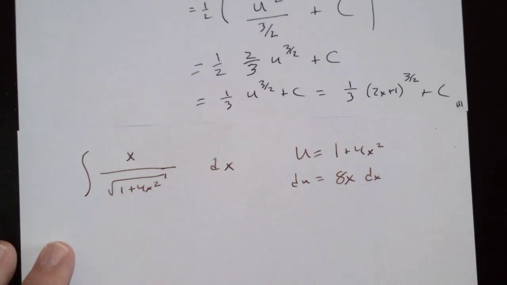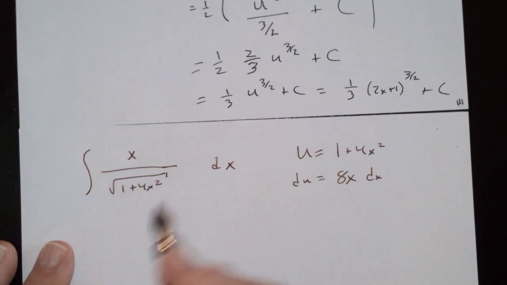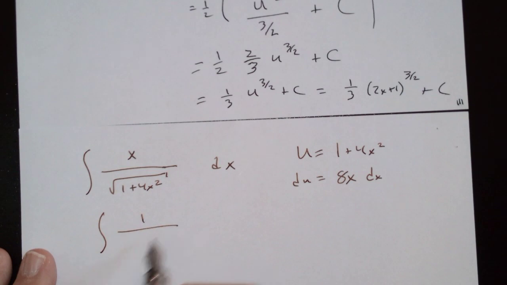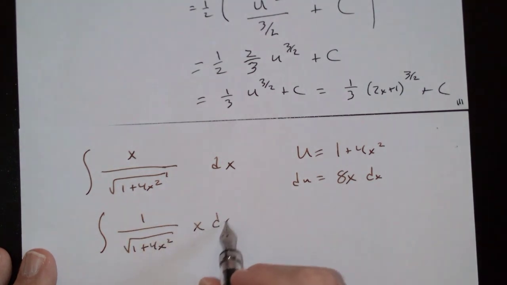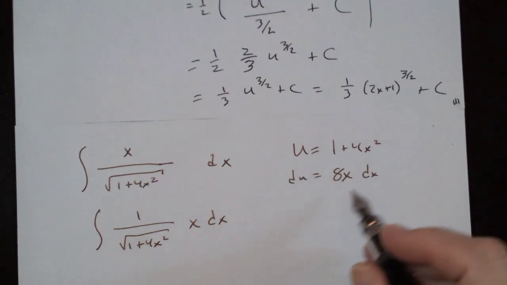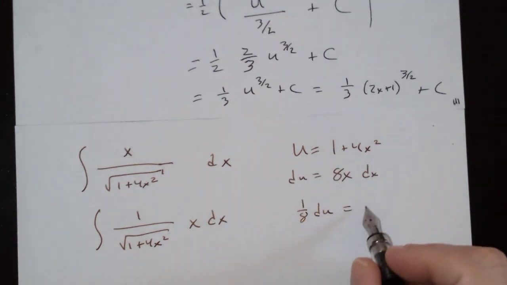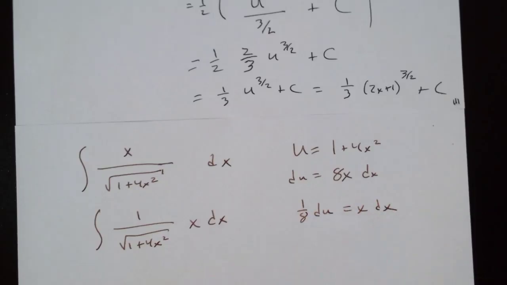But now I look back over here. Do I have an 8x with my dx? I do have an x though, right? The x on top could be put over here. I could write this as 1 over the square root of 1 plus 4x squared, and I could write the x and the dx over there because it's being multiplied. I can take it off the top. So let's rearrange here, and I get 1/8 du is x dx.